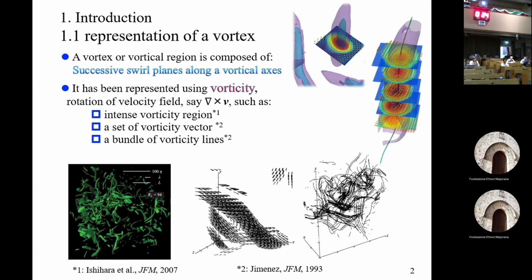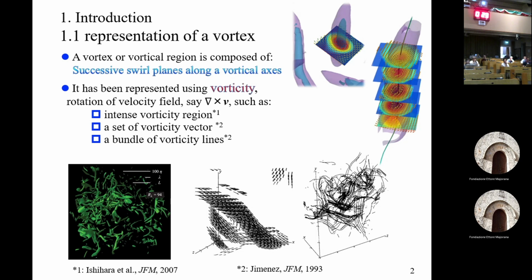A vortex or vortical region is composed of successive swirling planes along a vortical axis, and it has very often been represented using vorticity, that is, the rotation of the velocity field, such as an intense vorticity region, or a set of vorticity vectors, or a bundle of vorticity lines.